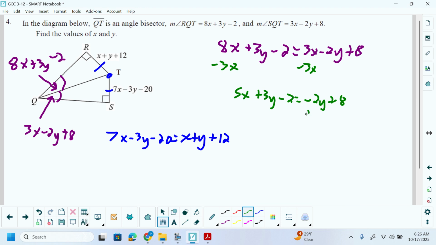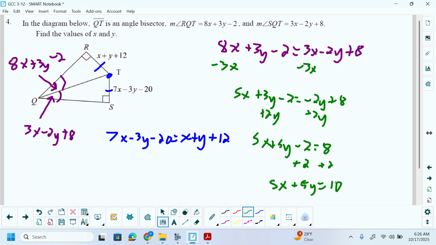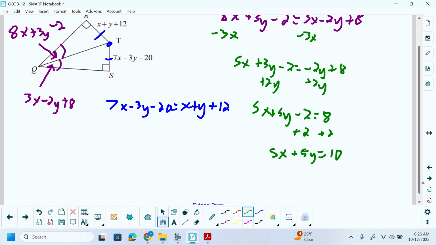I'm going to add the 2y over to give us 5x plus 5y minus 2 equals 8. And I'll add the 2 over to give us 5x plus 5y equals 10. We'll leave that equation be for the moment.